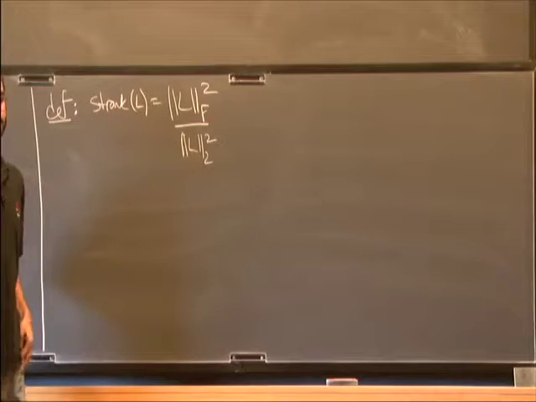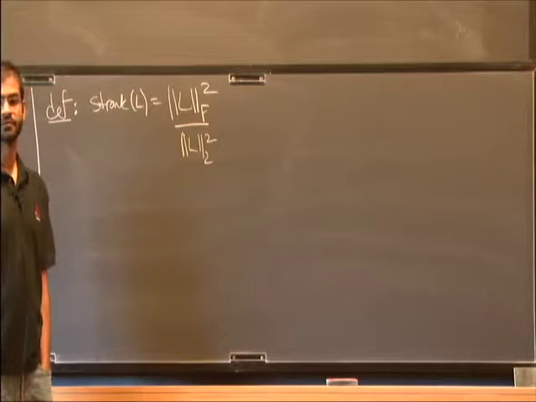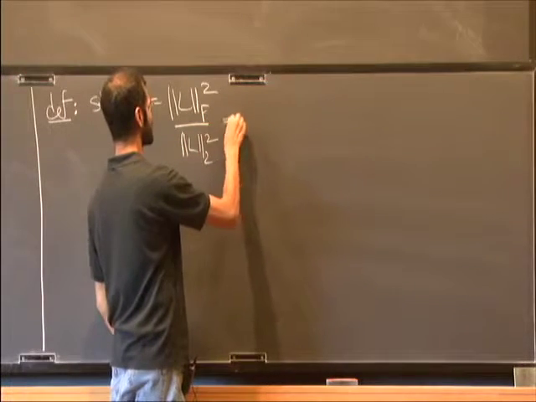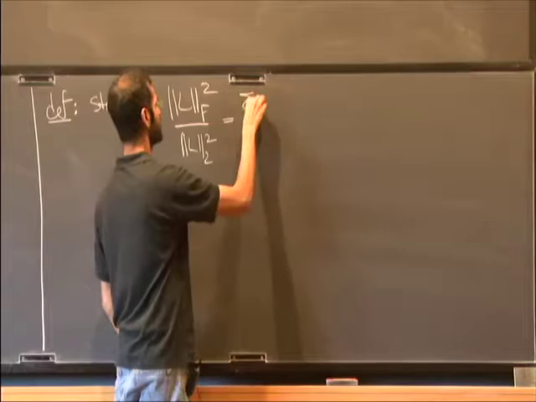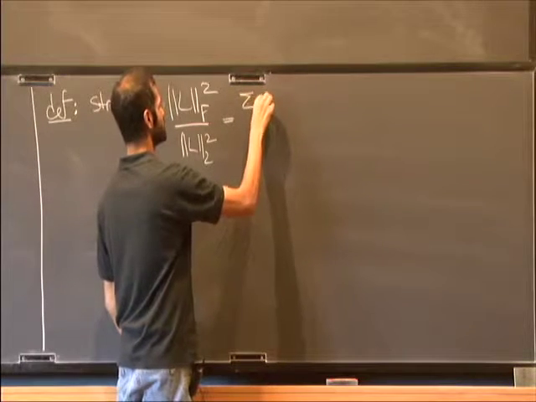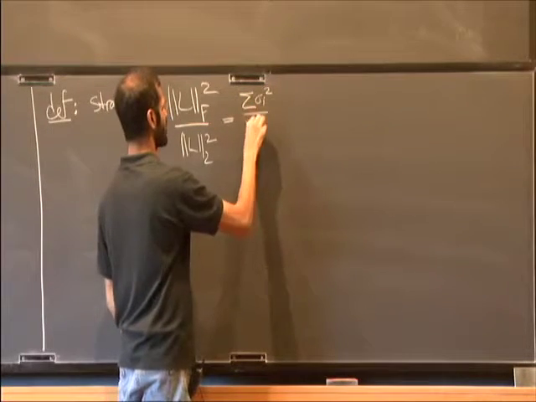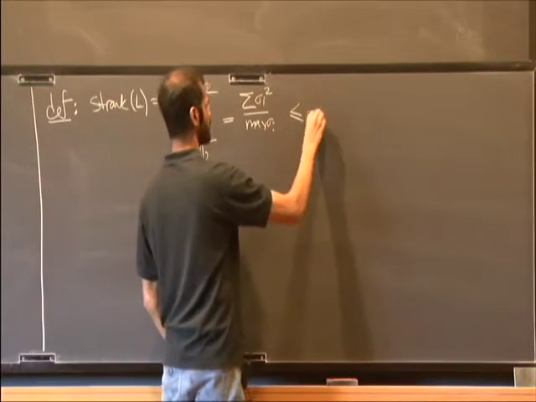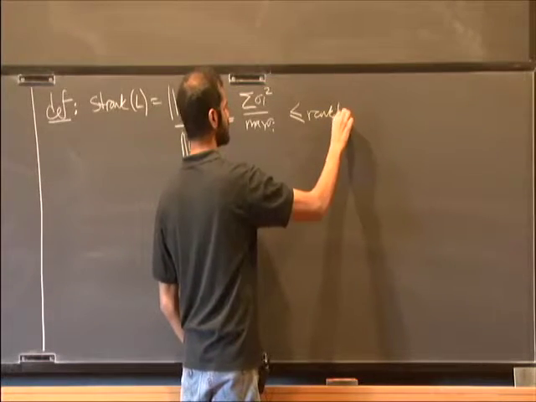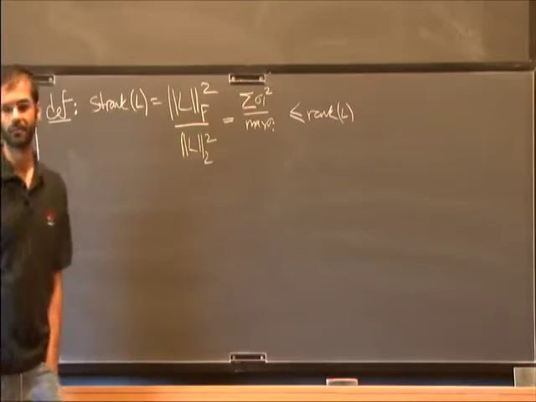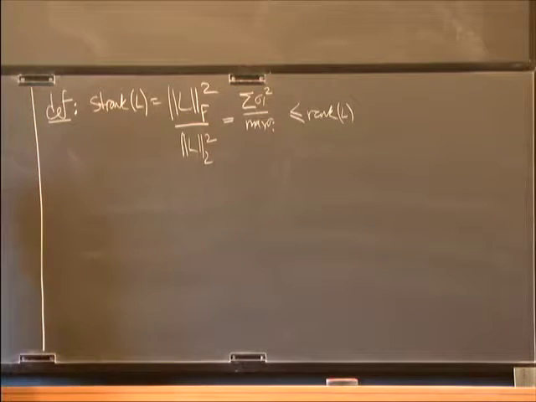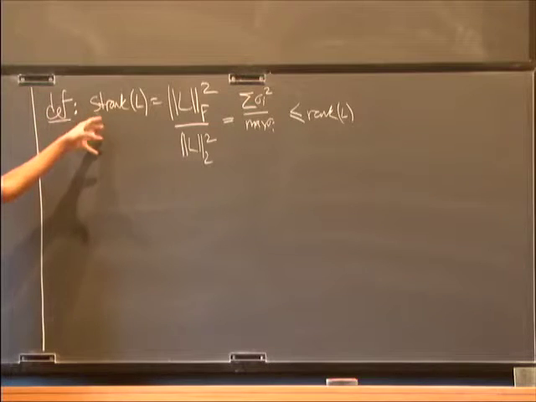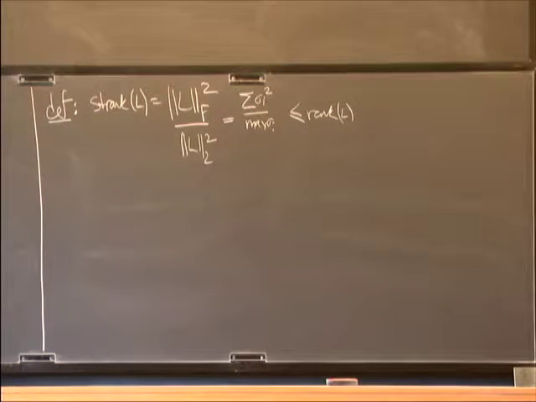Why would this have something to do with rank? Well, this is a relaxation of rank. It is the sum of the singular values squared divided by the max singular value squared, and you can see that this is always at most the rank of L. Part of the content of the theorem I'm about to show you is that this does have something to do with rank, because it measures the size of the largest well-invertible subset of a matrix.